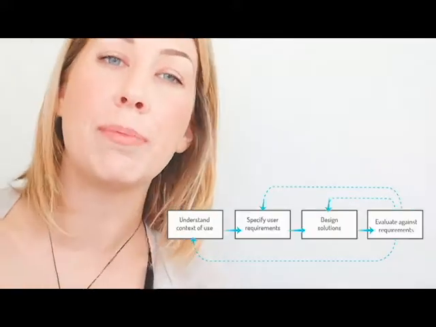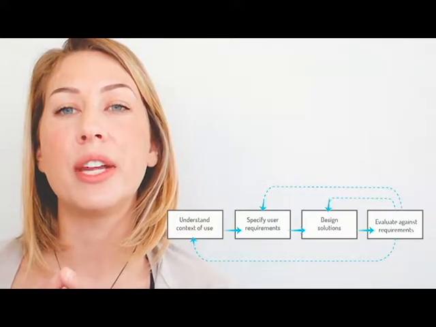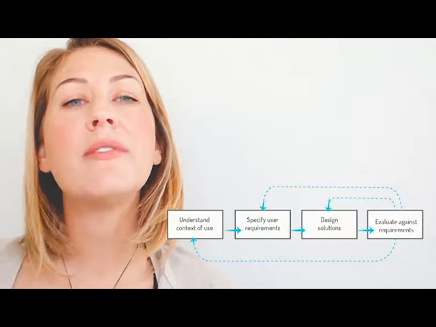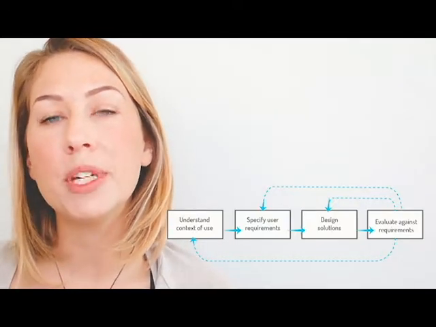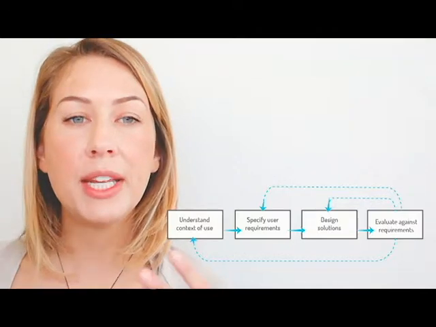So in the post on Canvas, I highlighted a commonly accepted user-centered product development process. And this is just a series of steps where the designer first takes time to understand where and how the product will be used, and then develops a set of user requirements or product requirements to which the design must adhere.